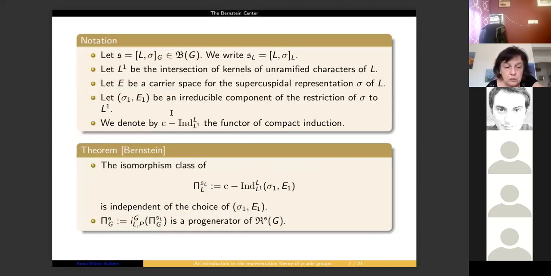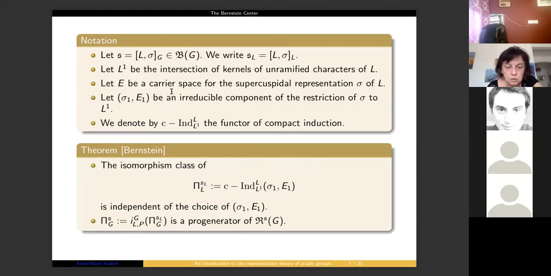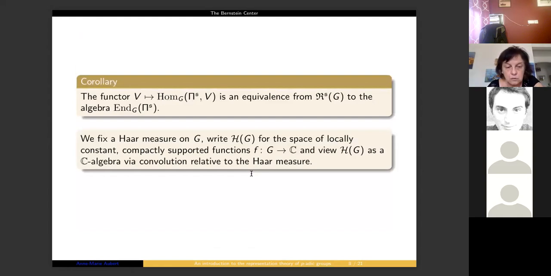And if you assume that the restriction of your representation sigma to L1 has multiplicity 1, so it's not necessarily irreducible, but all the components are non-equivalent, in that case Solleveld has a more precise result, and in particular is able to show that inside this endomorphism algebra we have an affine Hecke algebra.